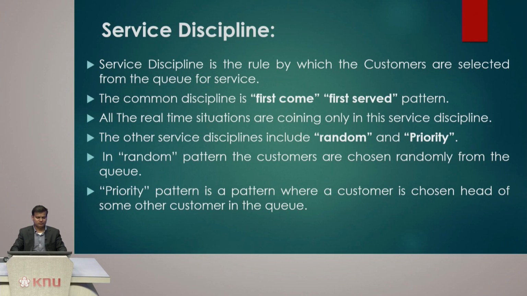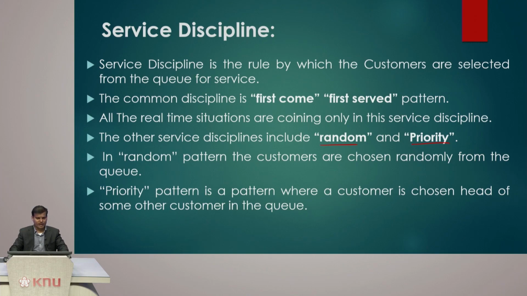For example, there are the random and priority disciplines. In the random pattern, the customers are chosen randomly from the queue. For some applications they are randomly chosen, as if your coach is picking the team for a certain game, calling one person after another from the queue.